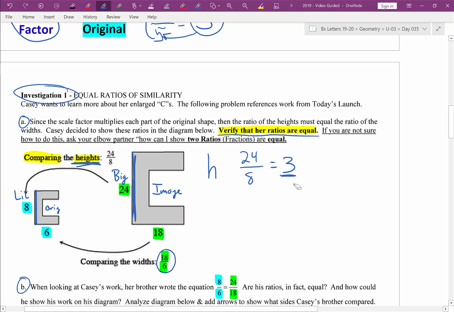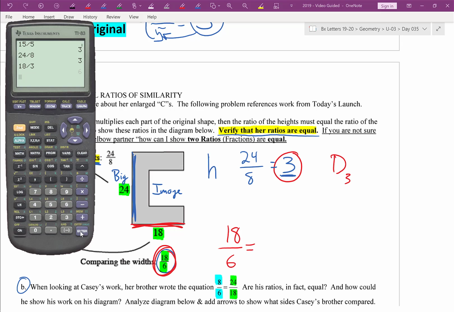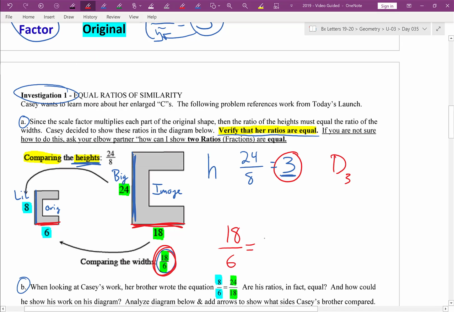And I say potential because if the scale factor really was 3, then the ratio of the widths needs to be the same. So that's the value of looking at these ratios and checking if they're equal. Because if 18 divided by 6 is 3, as it is, that's telling me my height and width changed, that magic word, proportionally.